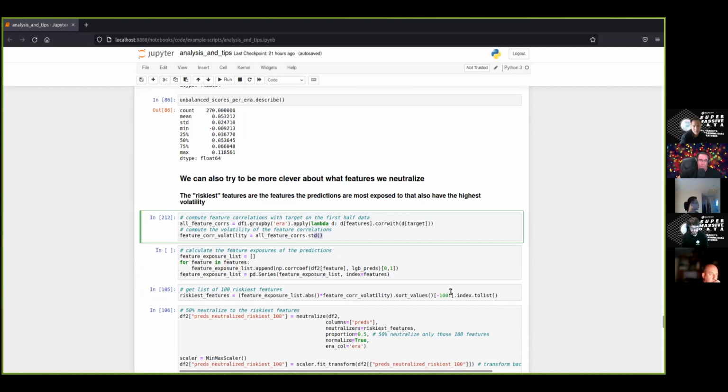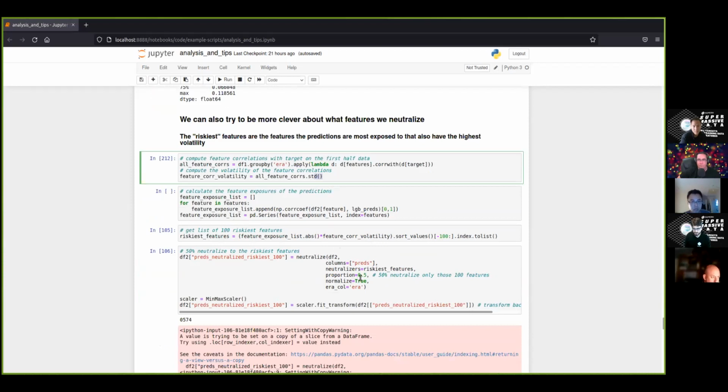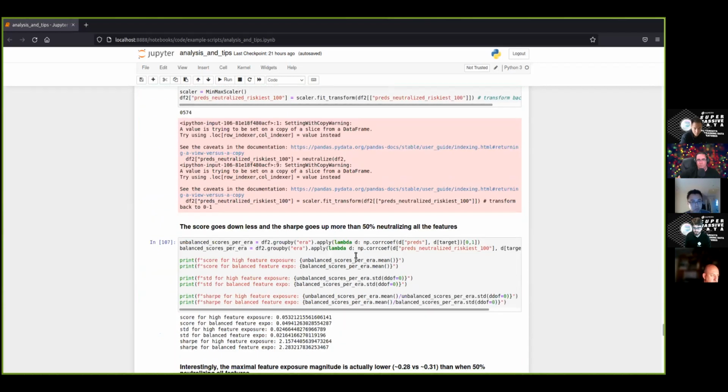So these are the features you're most exposed to and have the highest volatility, which seems like a reasonable definition of riskiest for your model. And then you can try a half neutralization to those 100 riskiest features. That ends up working a little bit better.